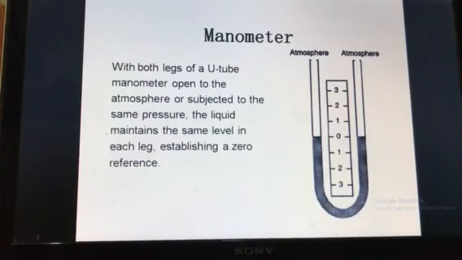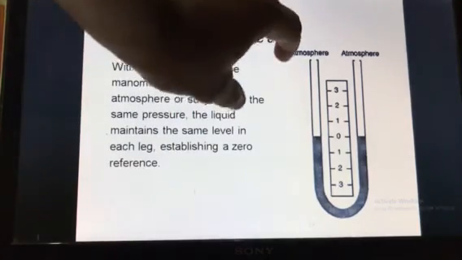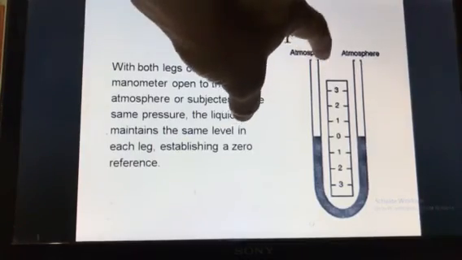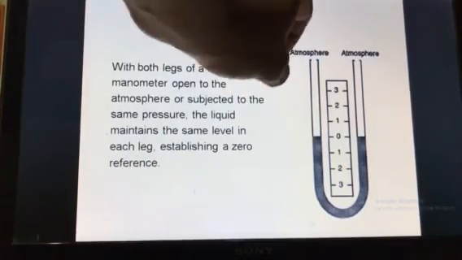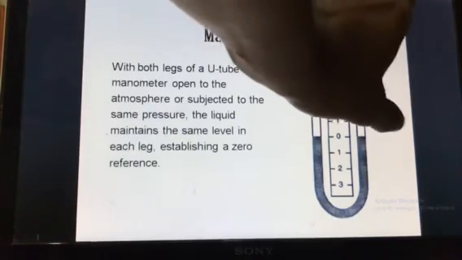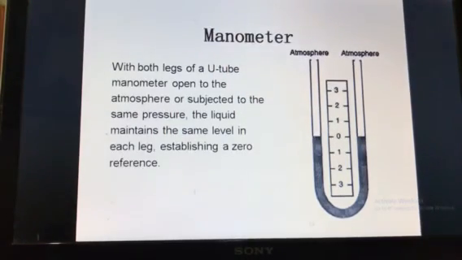With both legs of a U-tube manometer open to atmosphere, or subjected to the same pressure, the liquid maintains the same level in each leg, establishing a zero reference. If we attach our pressure measurement reservoir to this end, it will exert pressure through this liquid on this column. Then this column will rise up to some height, and from this we will calculate the pressure of this gas or of this liquid.